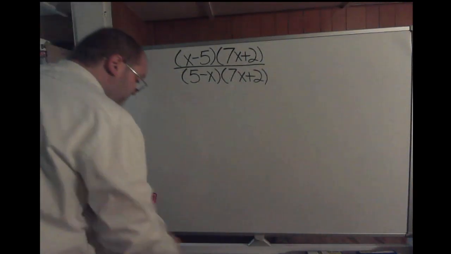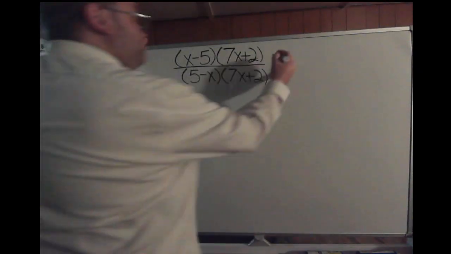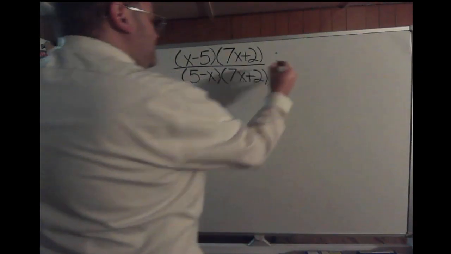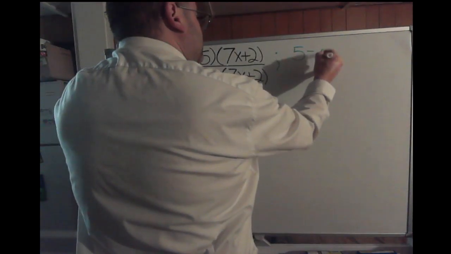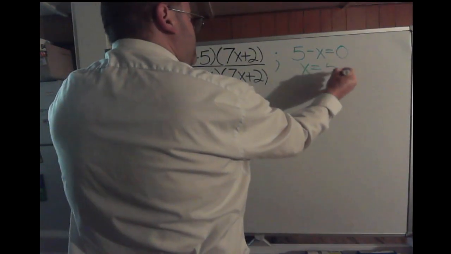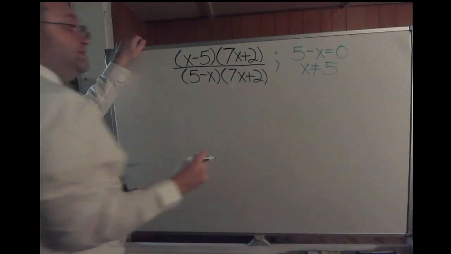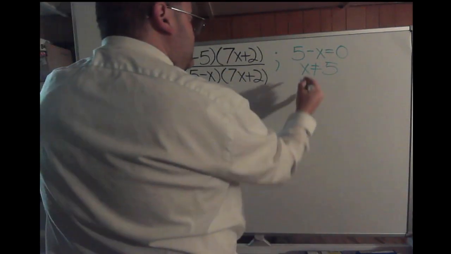Alright, well, first set restrictions on your variables before you do any factoring and simplifying. Take that 5 minus x, set that equal to 0. That would just give you x equal to 5, which means x cannot equal 5, because if it does, you get a denominator of 0, making it undefined.